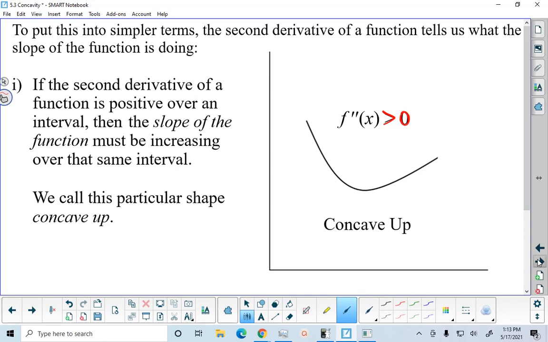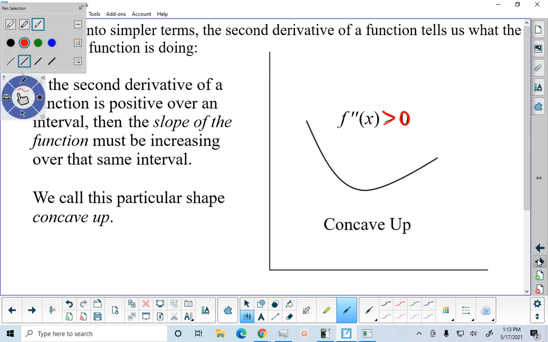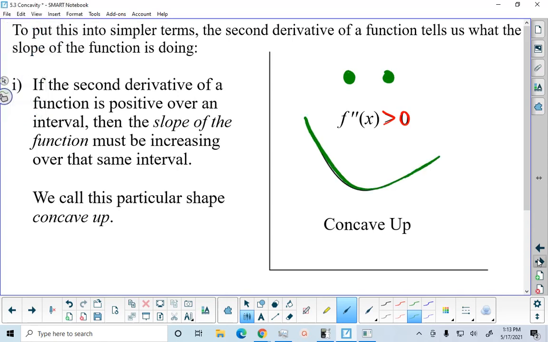And I don't know where I picked this up, but some people do have difficulty with shapes. I hope you would agree that somebody who is positive, generally speaking, is happy. They are smiling. And that's one way that you can remember that that shape has to do with a positive second derivative.